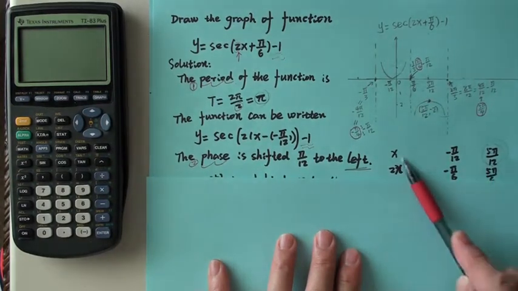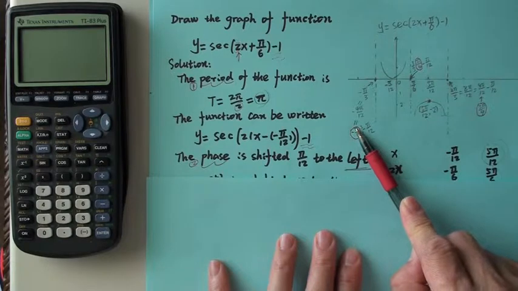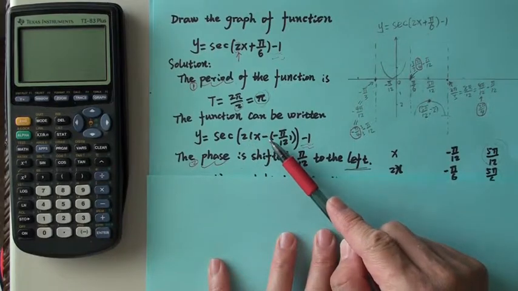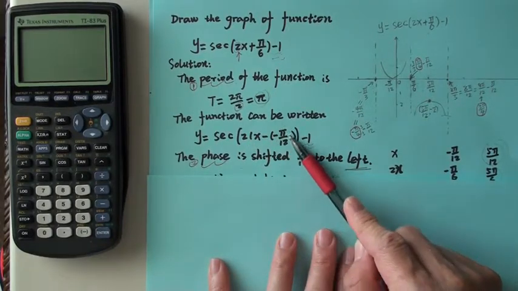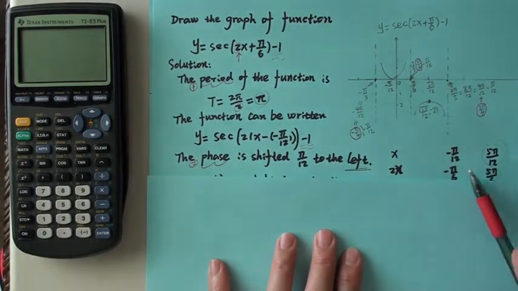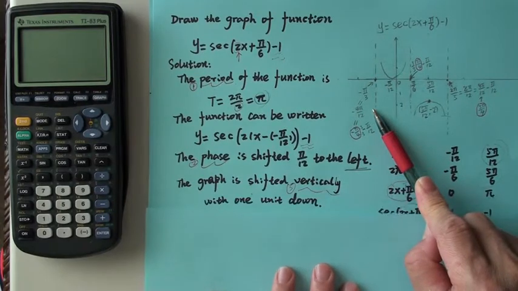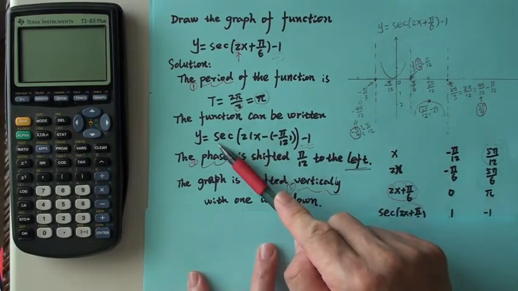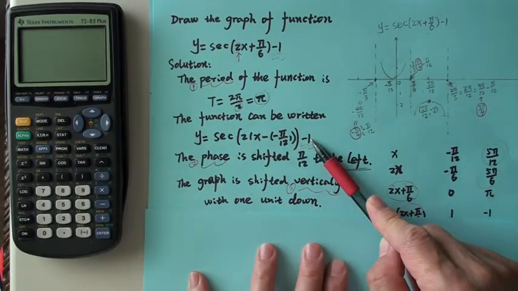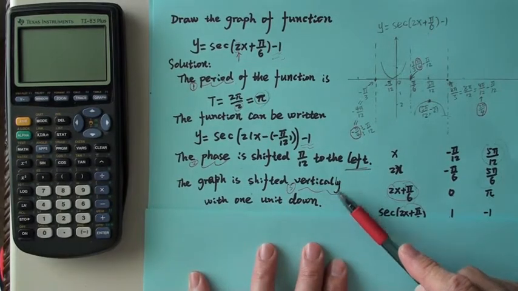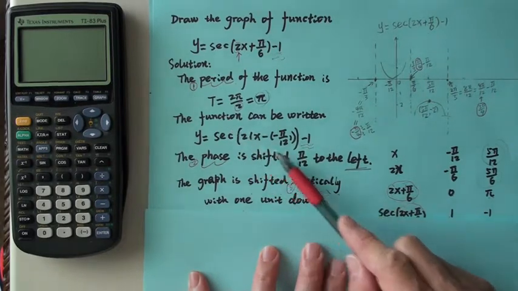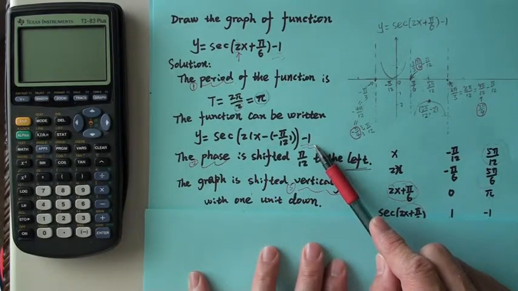I will show you the reason in a minute: the 2 needs to be pulled out, and then the constant left over will be the phase shift. Now, after you get the whole value, each value of secant needs to subtract 1, so the graph is shifted vertically 1 unit down, because every value will be subtracted by 1.